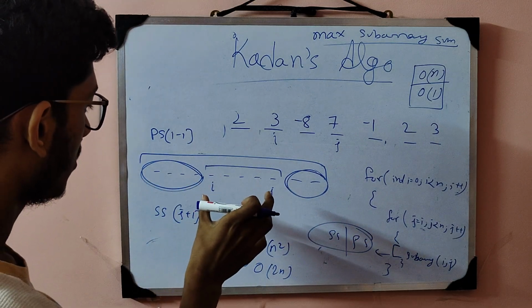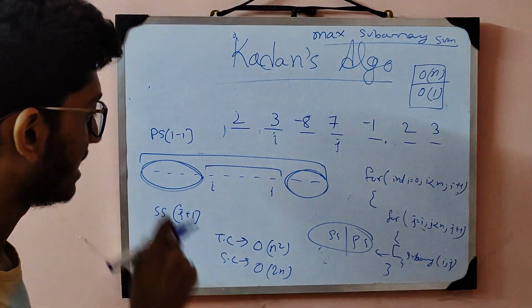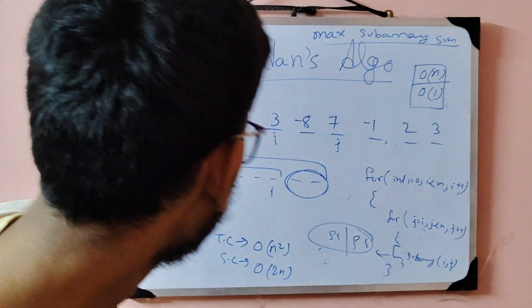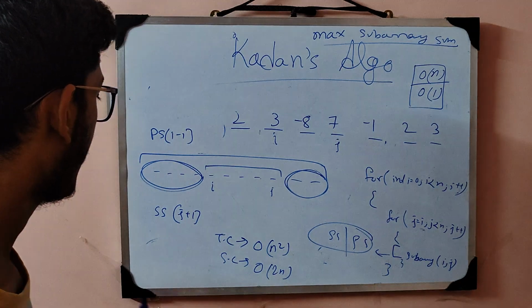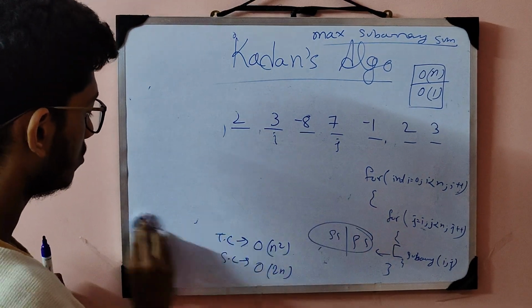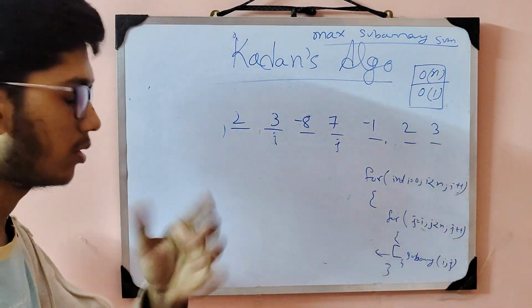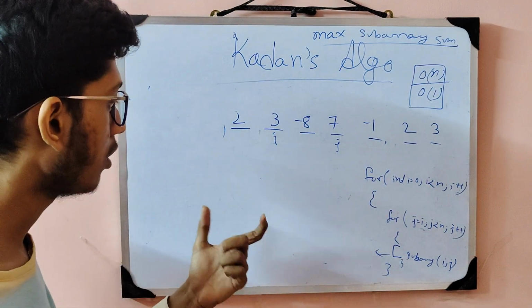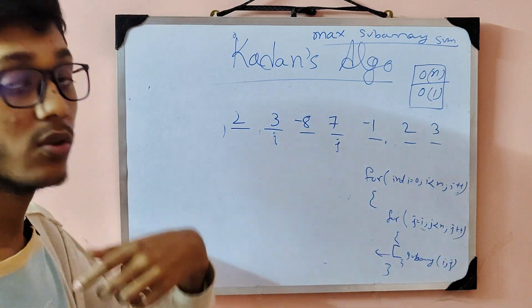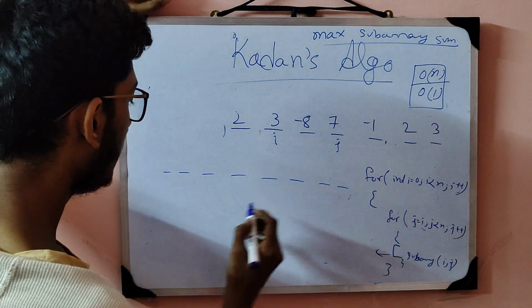You can do one thing also. You don't have to use both a prefix sum array and a suffix sum array here. We can do it using only a prefix sum array, or you can use only a suffix sum array. I will show you using only a prefix sum array.